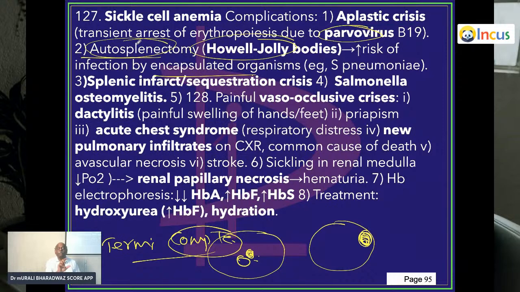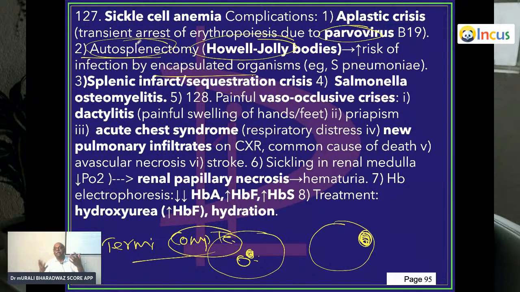In the spleen, terminal components of the complement pathway are produced, and they are required for protection against capsulated organisms like Streptococcus pneumoniae and meningococci. They're all capsulated organisms. To protect human beings from them, you require terminal complement components. To create those you require the spleen, and when the spleen is gone, complement is gone.